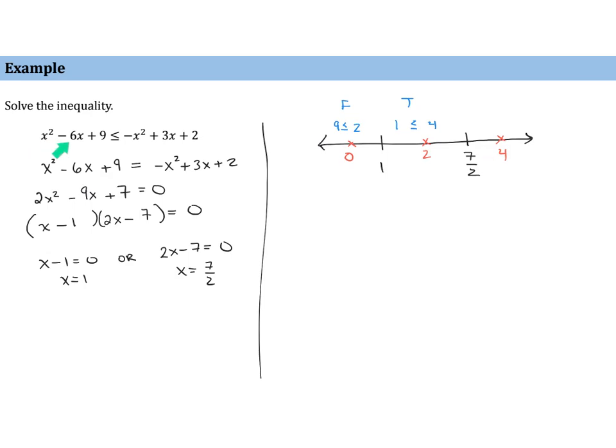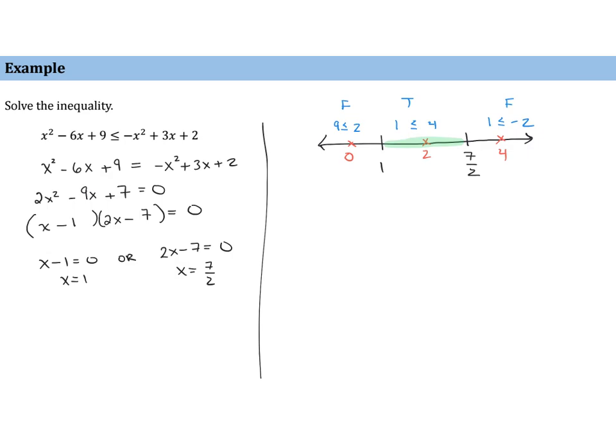So 4 squared minus 24 plus 9 is less than or equal to negative 16 plus 12 plus 2. So we get 1 is less than or equal to negative 2, which is false. So we shade the region, or the interval, that is true. So between 1 and 7 halves.